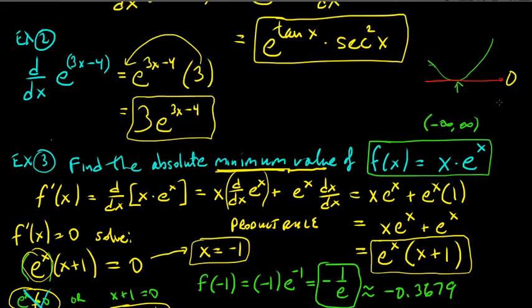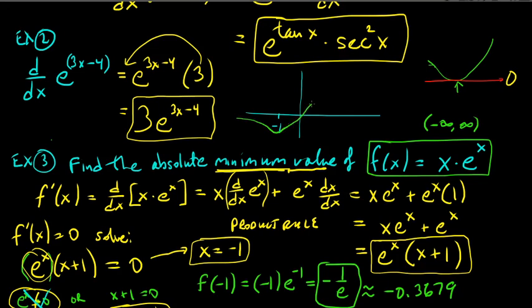So this is a pretty poor graph up here, but I can do slightly better than that. So here's -1. The graph actually looks like this. It's going to go down, and then at -1 it levels off, right?